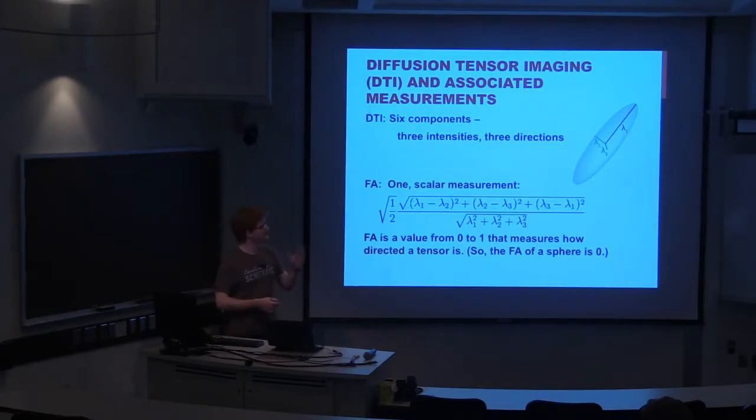Okay, and so that's what DTI is. However, when you're trying to actually visualize these sorts of things, it's often difficult to work with totally 3D tensors in each voxel, and so very often people will come up with one-dimensional measurements of DTI, and one of the most popular ones to use is what's called fractional anisotropy, or FA, which is indicated by this equation.